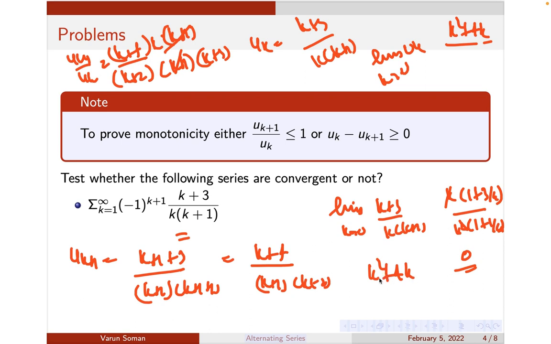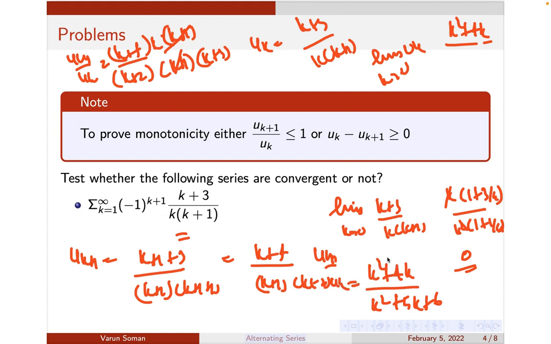Please correct me if I am wrong. So it is k square plus 4k divided by k square plus 5k plus 6. Okay, so k square plus 4k by k square plus 5k plus 6, this is actually your u_(k+1) by u_k.